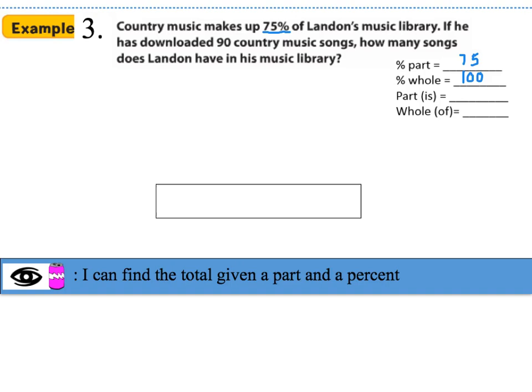And then it says if he has 90 country music songs in his library. Well, 90 is his part of the music in his library. It's not all of it. It's just representing the country, so it's part of it. We want to know how much he has in his music library total. So we don't know the total amount, or we don't know the of. So our job is to figure out what x is worth.